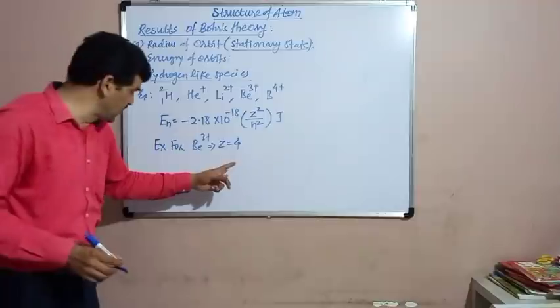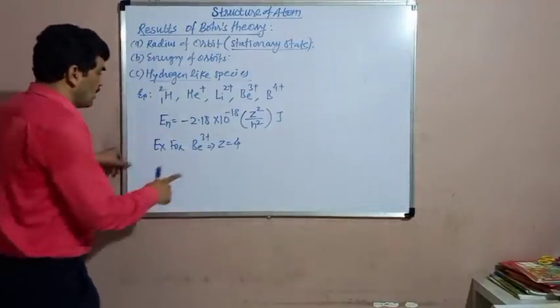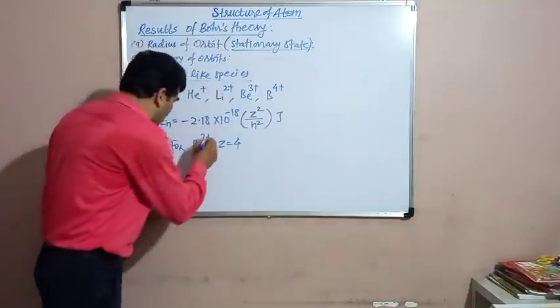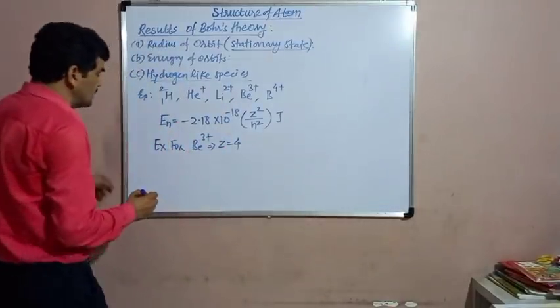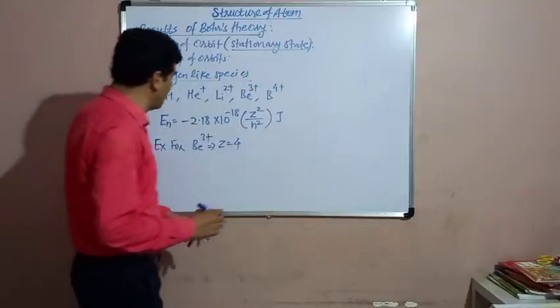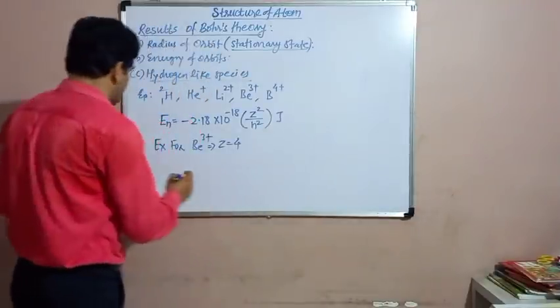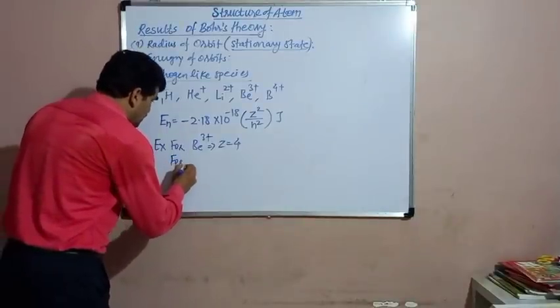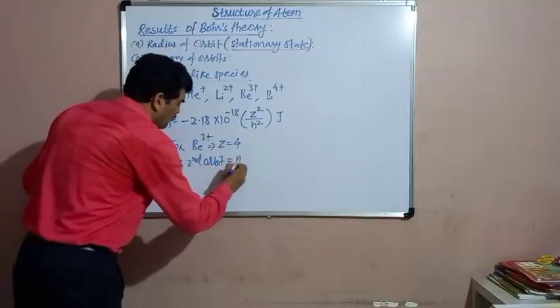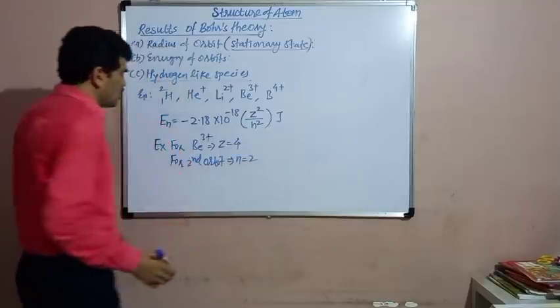The atomic number for beryllium is 4. It is a hydrogen-like species because only 1 electron remains behind here. And in this Be3+, if we have to calculate the energy of the second orbit, for the second orbit, n equal to 2.